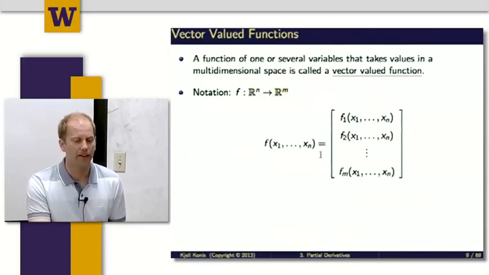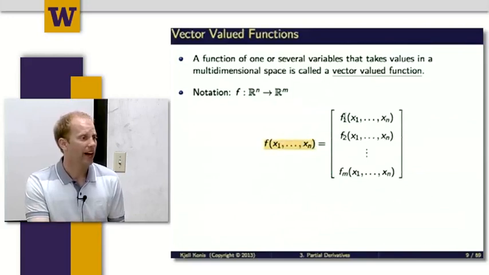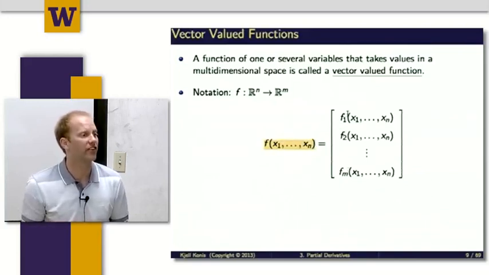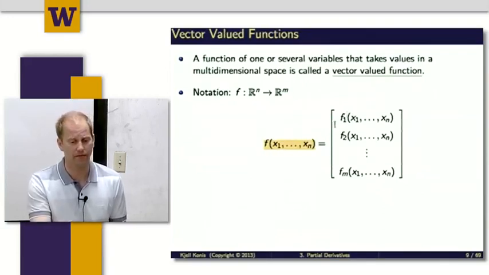And the way to think about this is you have f of my n inputs. I can have m different sub-functions, each one of which returns the element 1, 2, 3, up to m of the vector of outputs.